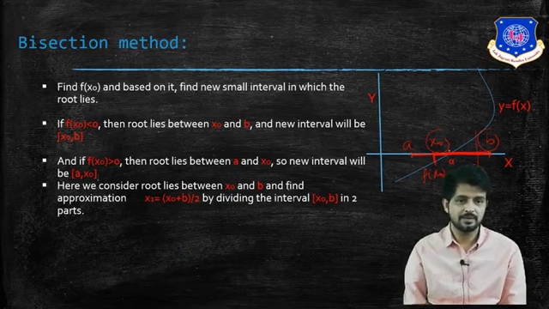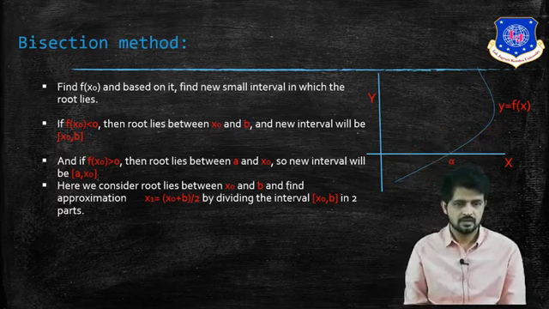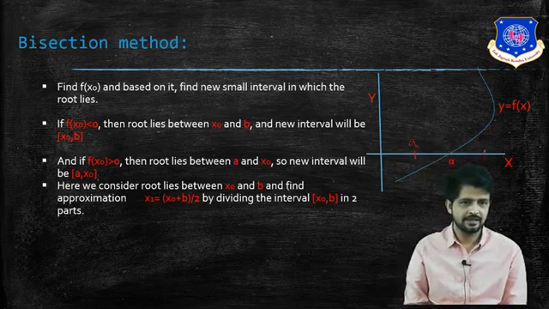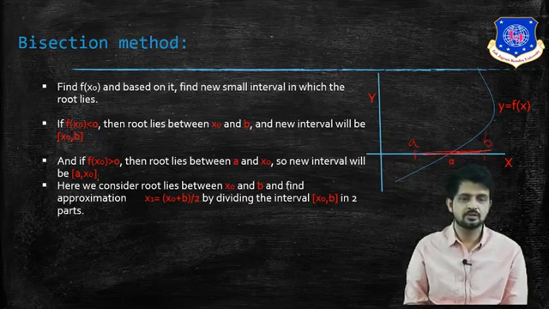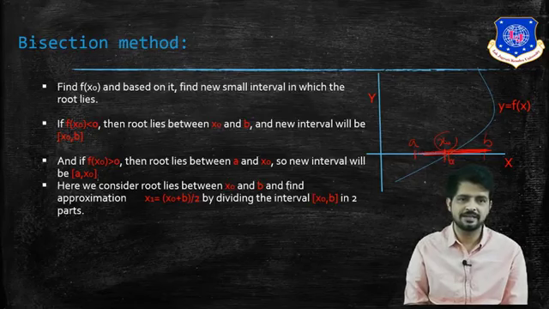Once again I am repeating what we are doing. First of all we are taking two values a and b. This is the interval between which the root lies. Then we are finding x0. Then on the basis of f of x0, if f of x0 is negative, then the root lies between x0 and b, and if f of x0 is positive, then the root lies between a and x0.